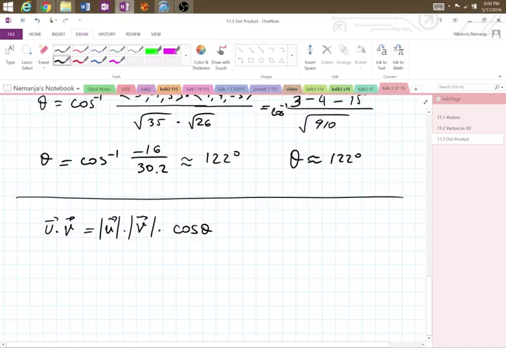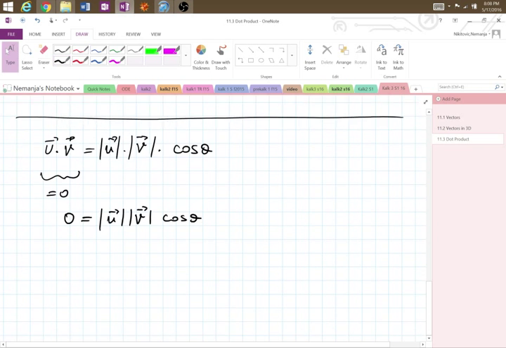If we have this, that means we can find what happens if the dot product is 0. Right? If the dot product is 0, then we have that 0 is equal to u times v cosine theta.